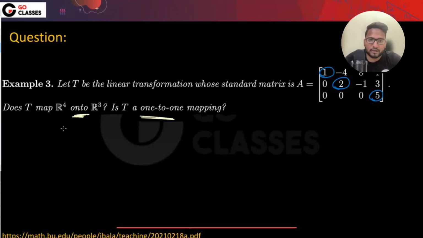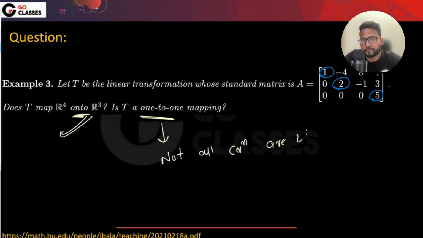What about one to one? Are they linearly independent? Okay, they are not linearly independent. I mean, this is in row echelon form, as you can see, and these are not linearly independent, right? So not all columns are linearly independent. So not one to one.